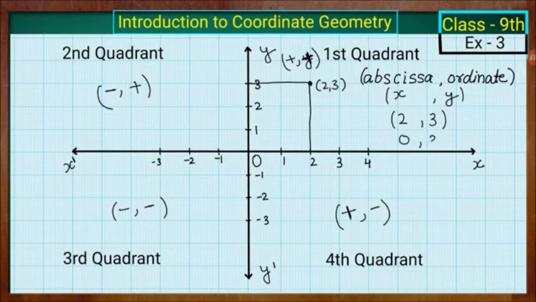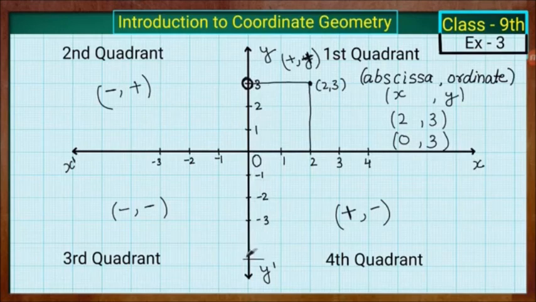For example, consider the point 0 comma 3. The x value is 0, so from the origin the distance is 3 along the y axis. So you can mark the point 0 comma 3.